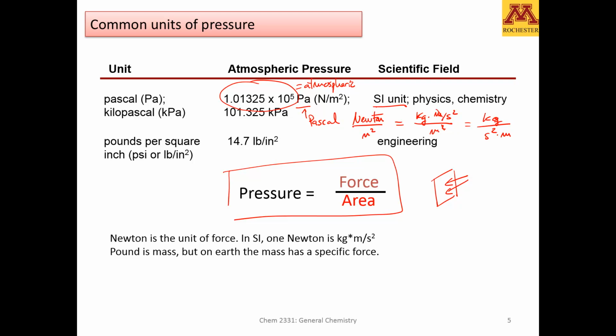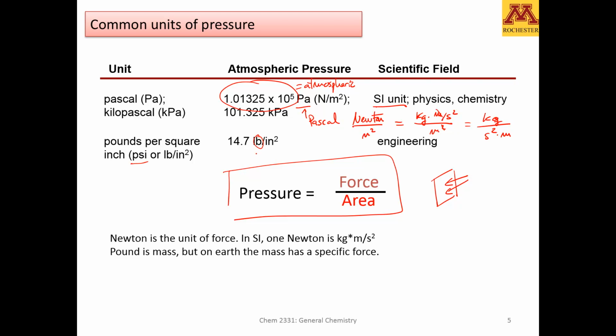In mechanics or in engineering, you may have seen the term PSI. PSI means pounds per square inch. You would say, well, pounds is a unit of mass, not a unit of force. Well, you could think that mass on Earth has a weight, and therefore it has a force.